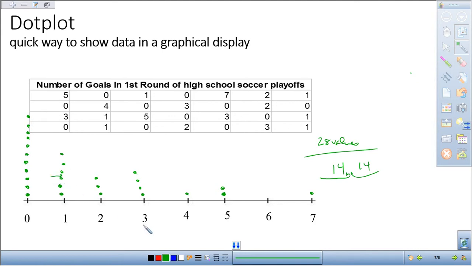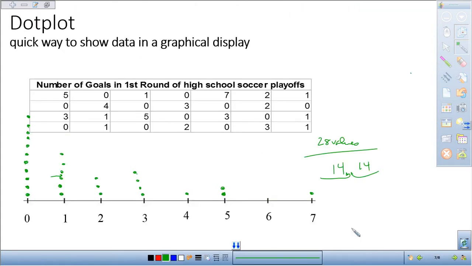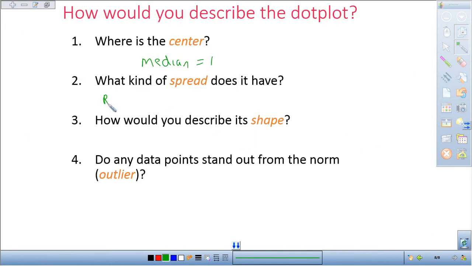So right around there is my median. So right here we can say the center is a median equal to 1. What kind of spread does it have? Well, it has a minimum of 0 and a maximum of 7. So we can say the range equals maximum minus minimum. So this has a range of 7.